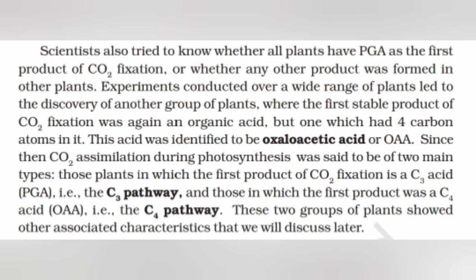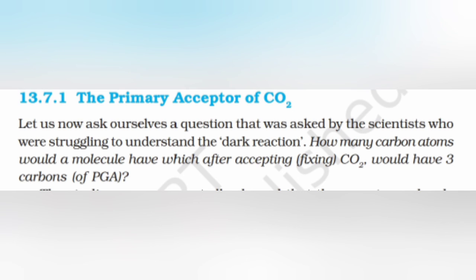Since then, carbon dioxide assimilation during photosynthesis was said to be of 2 main types. Those plants in which the first product is a C3 acid, that is PGA, are said to be following the C3 pathway, and those in which the first product is a C4 acid are following the C4 pathway. These two groups of plants showed other associated characteristics that we will discuss later in this chapter.